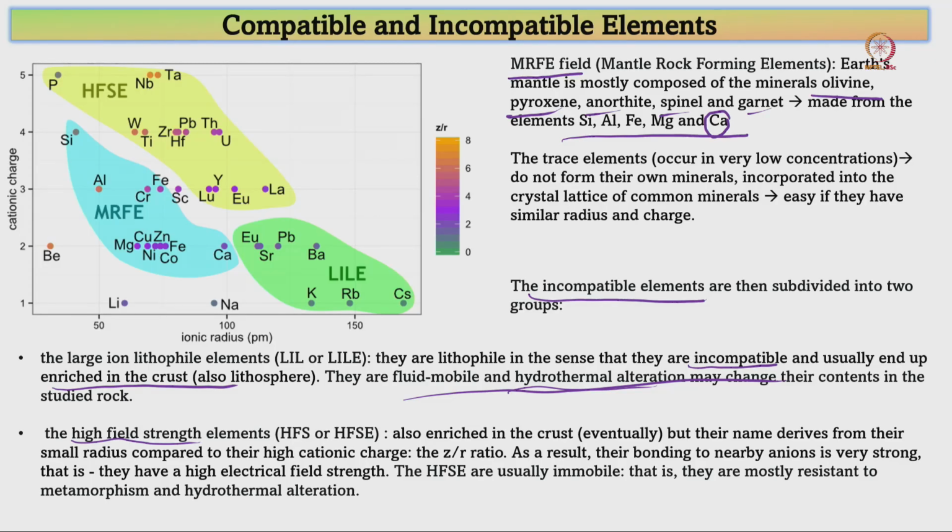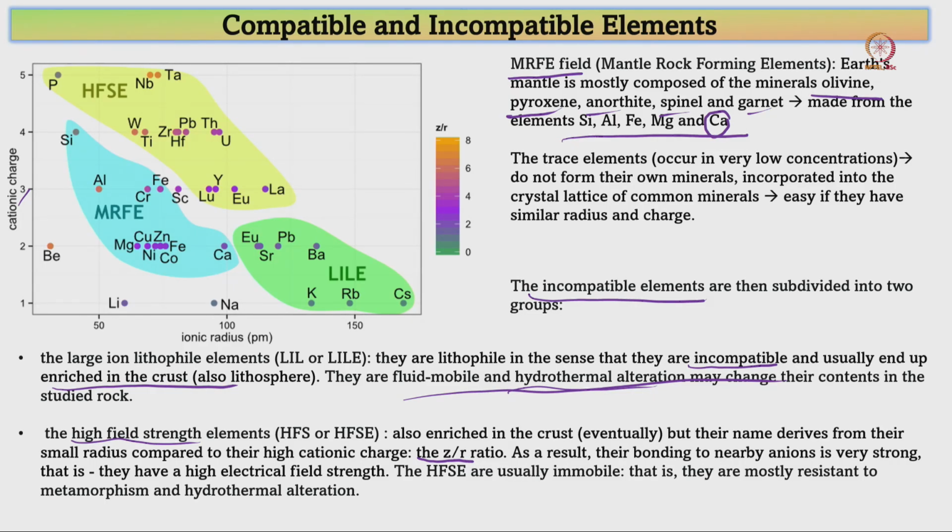These elements, although they are also enriched in the earth's crust, have, as you can see, quite a small ionic radius, and what is more important is they have higher cationic charges. So, 3, 4, 5, 6 plus, higher cationic charges. So, their Z by R ratio is going to be high.